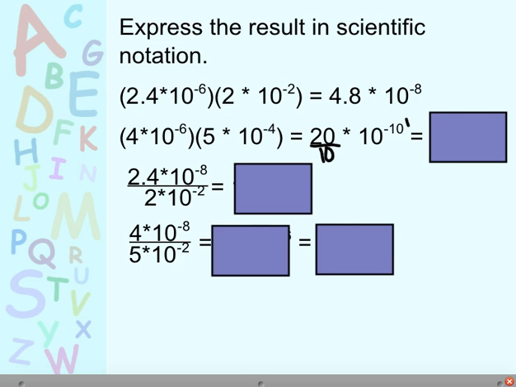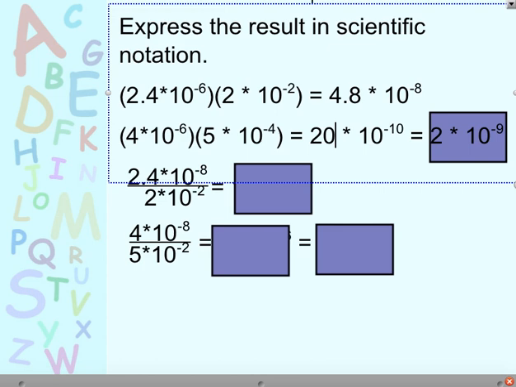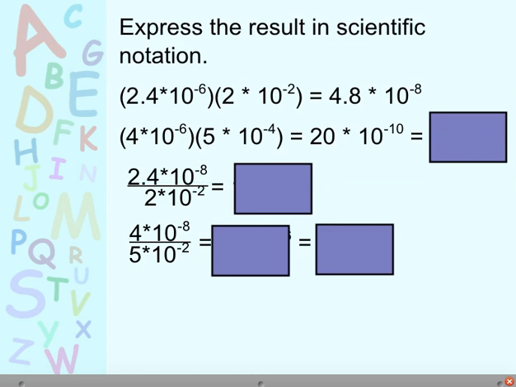Or you can think about it as moving back. Here, let me erase this for a second. We need to move our decimal back. So starting here, we put our decimal and we move it back once, so we move our exponent up.